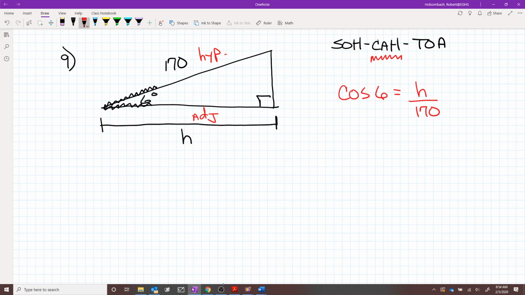So you can multiply both sides by 170, and 170 times cosine 6, 169.1 is equal to your h.